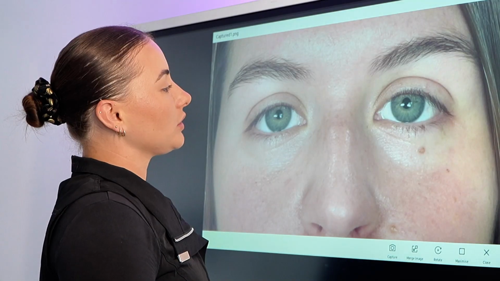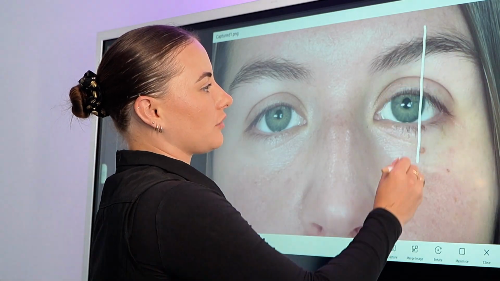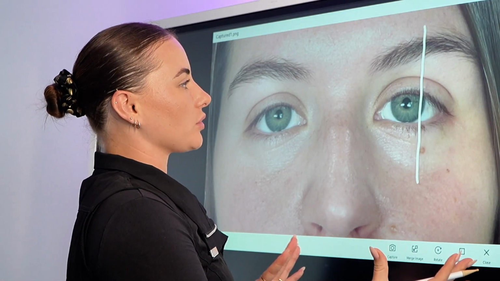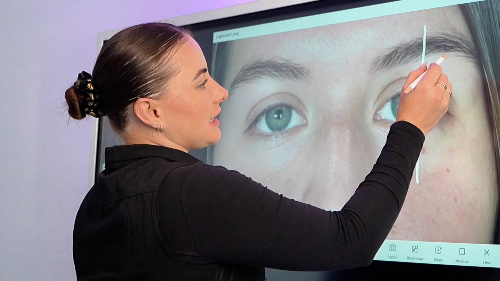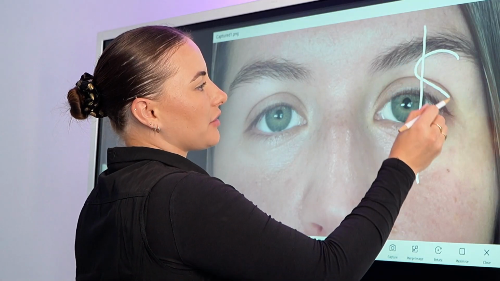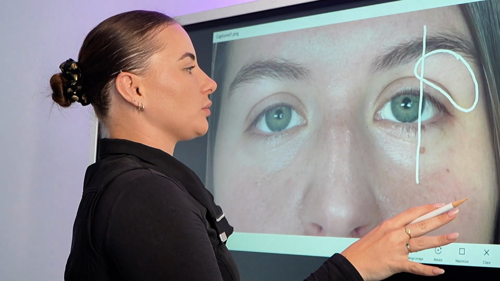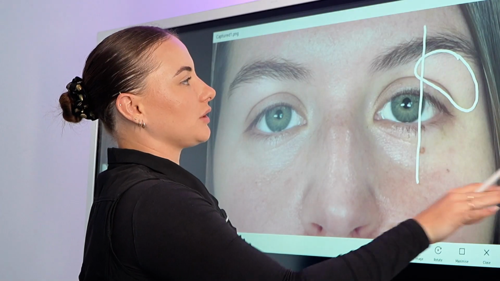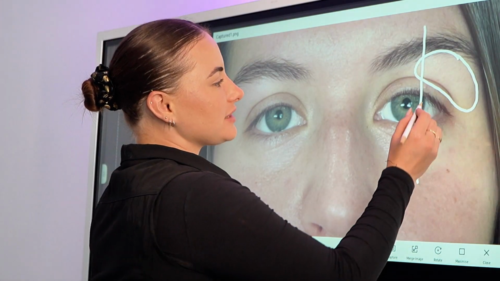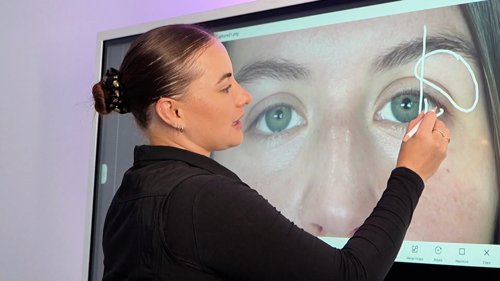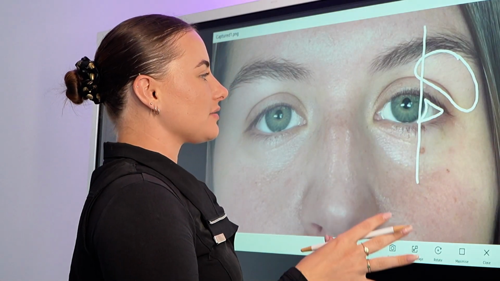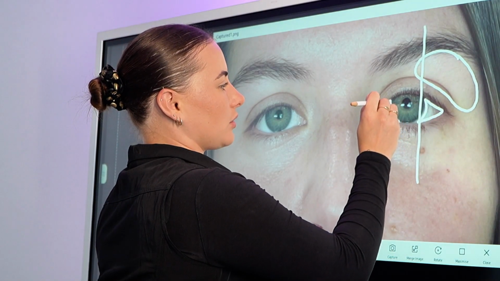Instead, we're looking at the lateral canthus of the client's eye, so the outer portion. And what we're looking at is the outer eyelid is heavier in this outer portion, which does give it more of that downward slope appearance. We can also see by looking at the sclera in the outer portion of the eye that it's less visible than the inner corner.